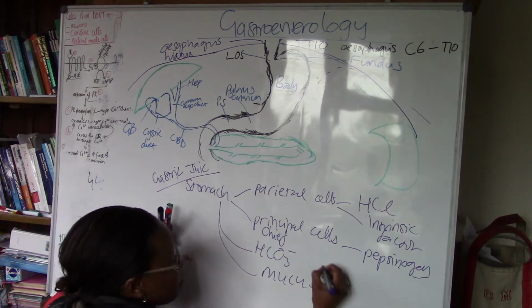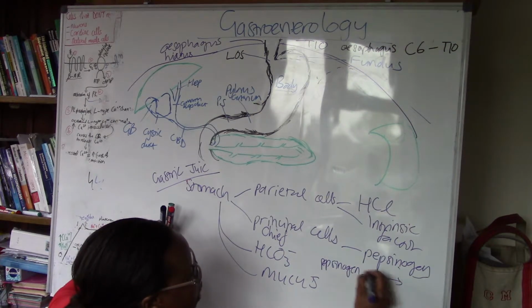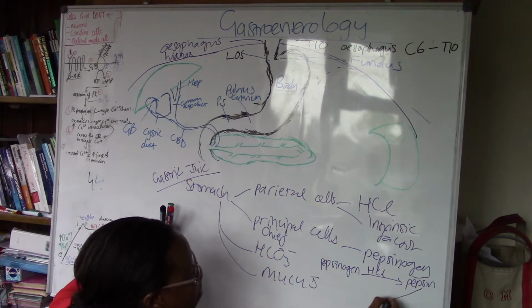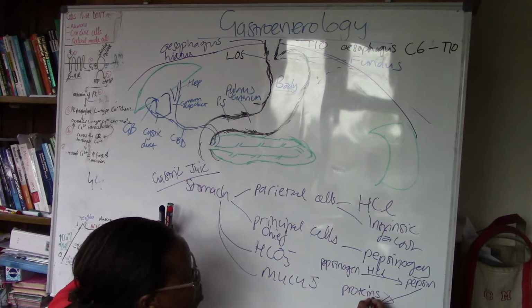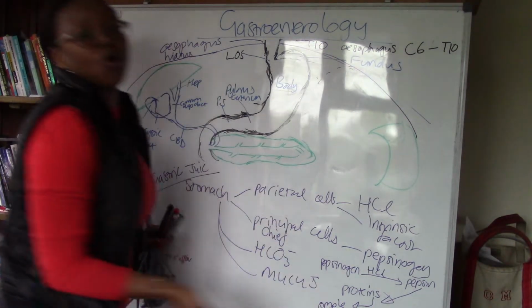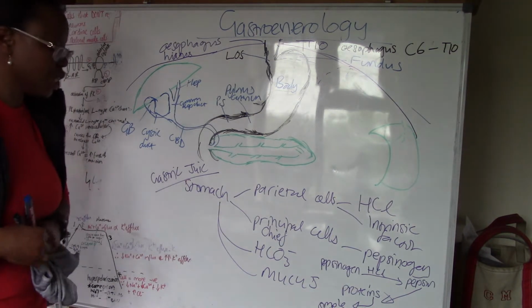So we go from pepsinogen being activated by HCl to pepsin, and then pepsin breaking down proteins to simple peptide chains that are then later on broken down to their simple amino acids for absorption.